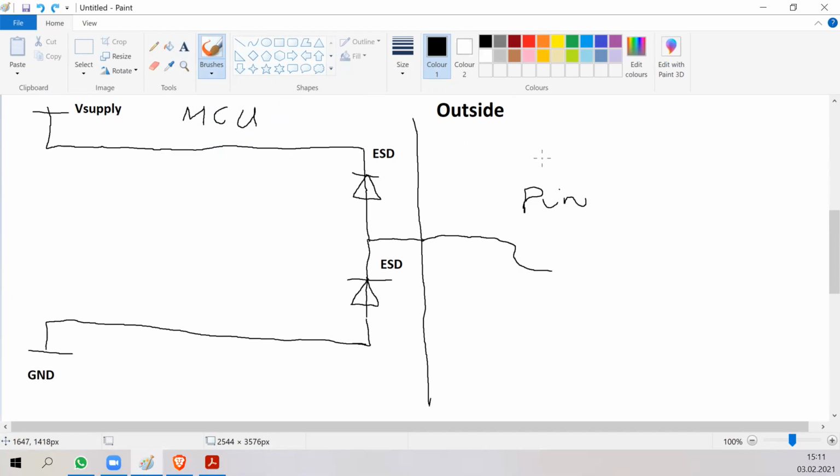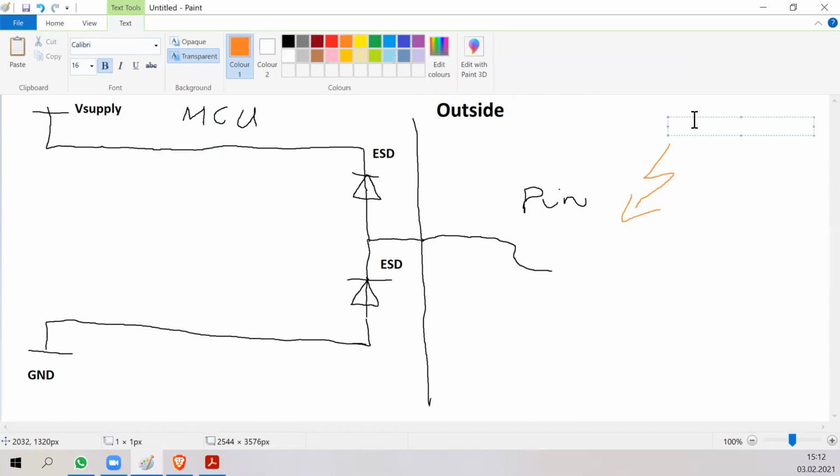So, for example, you have a synthetic or wool sweater and you move around, and you have also a chair with some synthetic material on it, and you charge yourself with electrostatic charge. And when you touch the board, you can accidentally hit the microcontroller with electrostatic electricity.